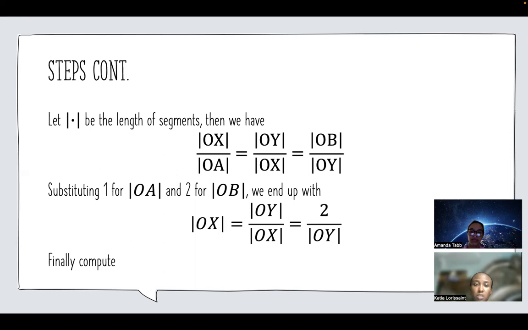And this is because we substitute 1 for OA and then 2 for OB.